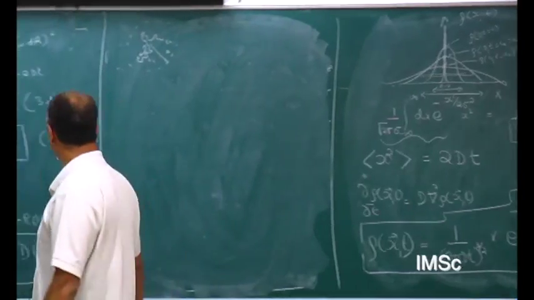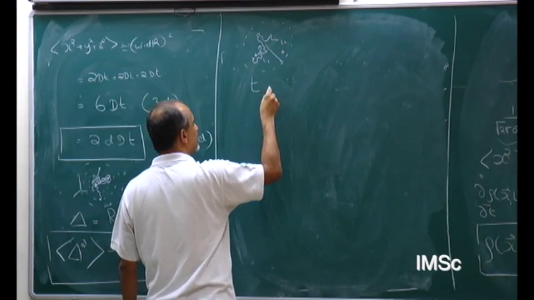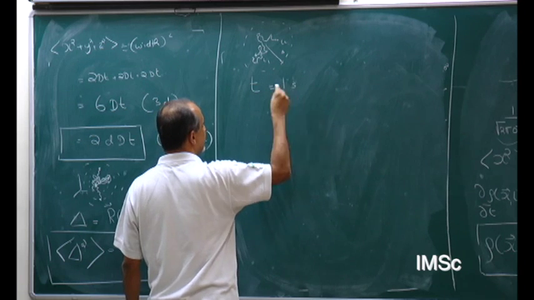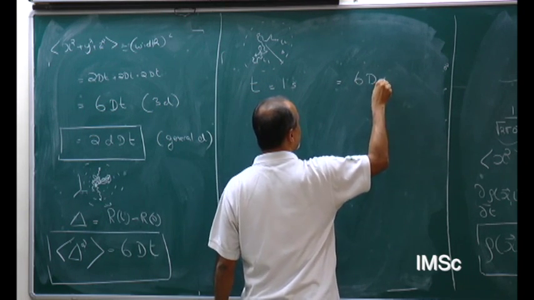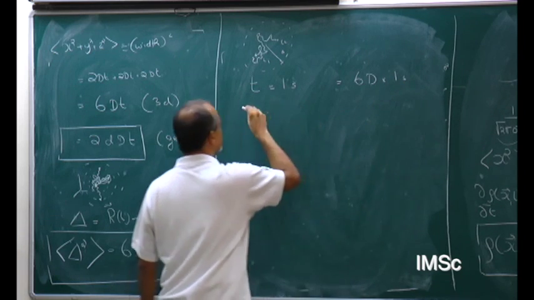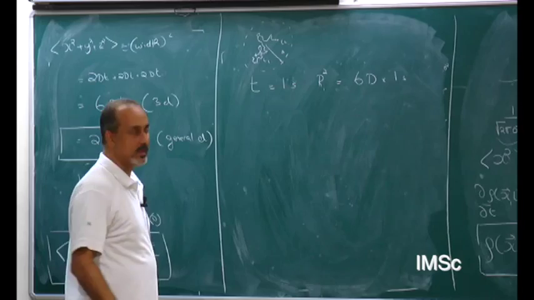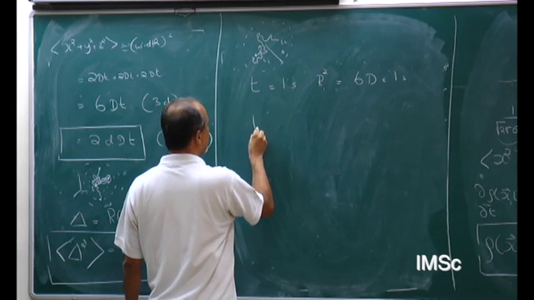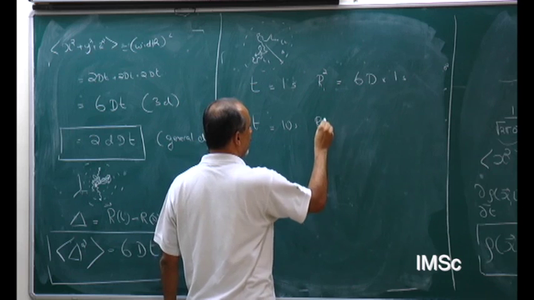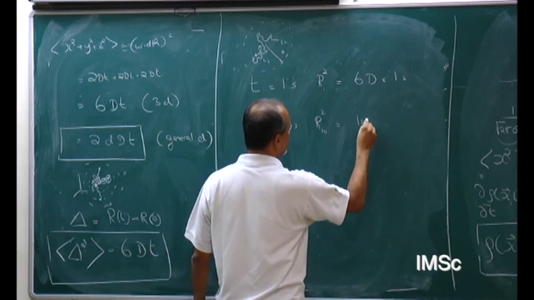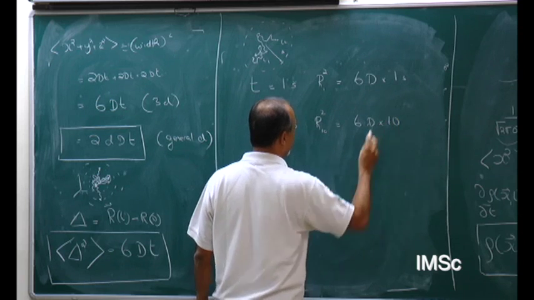Okay. So it's instructive to compare this quantity, let's say time t equal to 1 second here. Then this would be 6 into d into 1 second. This would be the radius squared. Now let us look at t equal to 10 seconds. The radius squared after 10 seconds is 6 times d into 10.